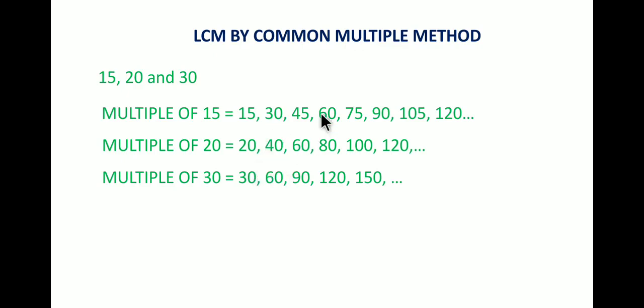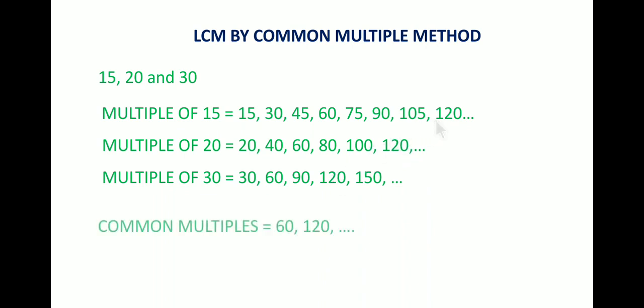But here you can see that 60 is present in all the three cases. So 60 is the multiple of 15 as well as 20 as well as 30. And similarly you can see 90 is present out here and here, but not in the multiples of 20. But again 120 is present in all the three numbers.